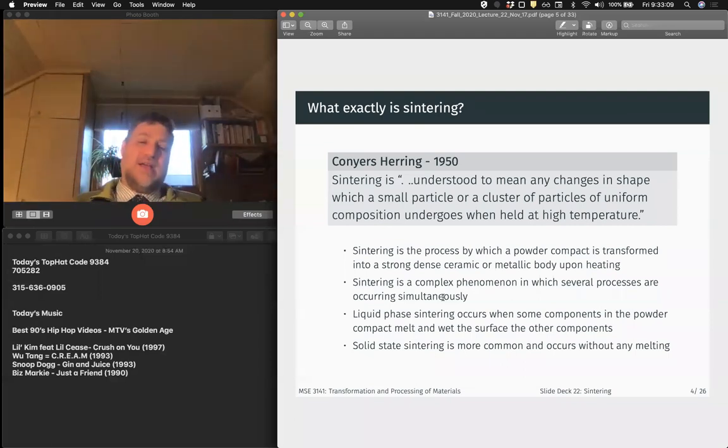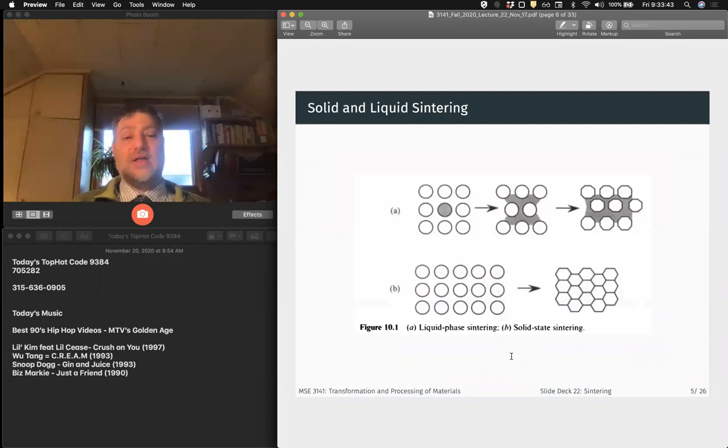And then I say here, solid state sintering is more common and occurs without any melting. I should clarify, almost all commercial sintering processes do in fact have some liquid phase. But from a purely physical and materials point of view, the types of things that as material science we study, solid state sintering is more common. So this could be a little confusing.